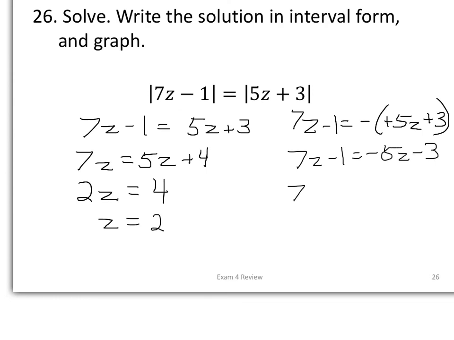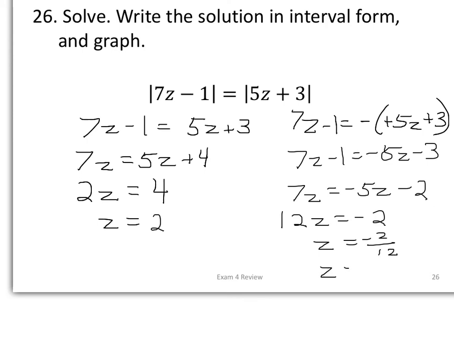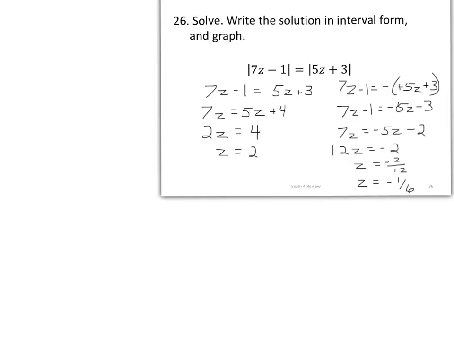So we add 1, and then we add 5z to both sides, and that gives us 12z equals negative 2. So z equals negative 2/12 when we divide by 12, and that makes z equal to negative 1/6. So our solution set is 2 and negative 1/6.